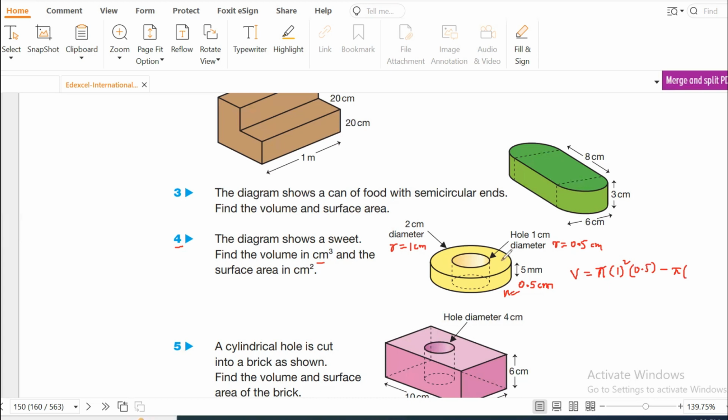What is the radius of the inner part? We have 0.5, whole squared. The height is the same.